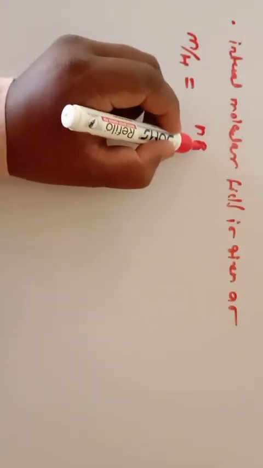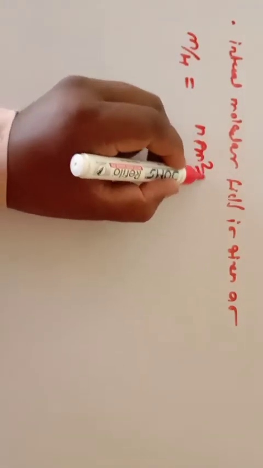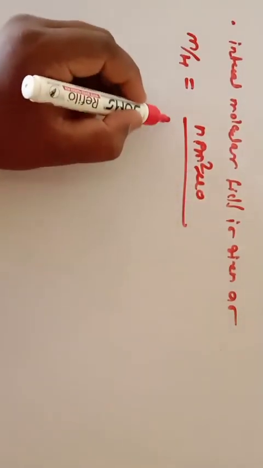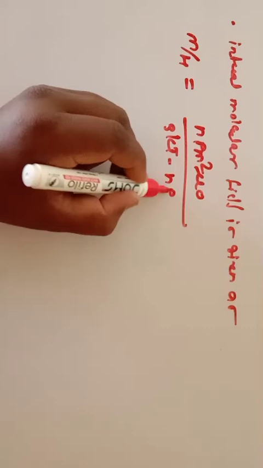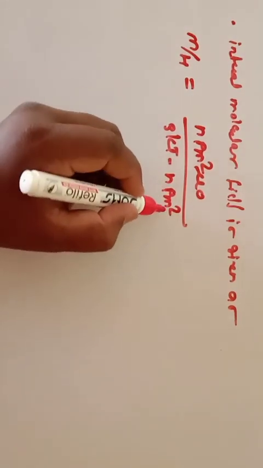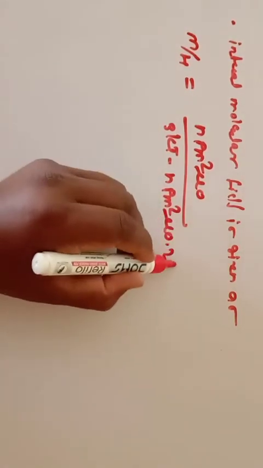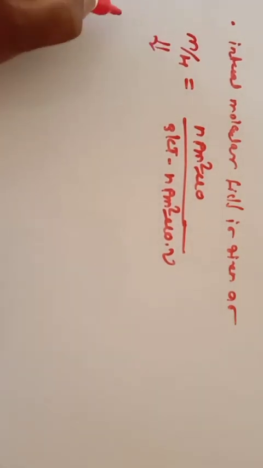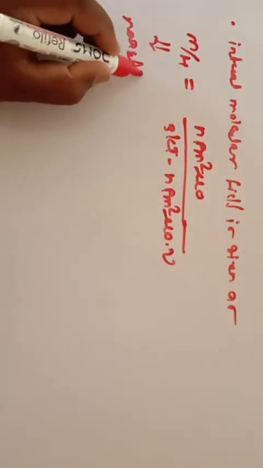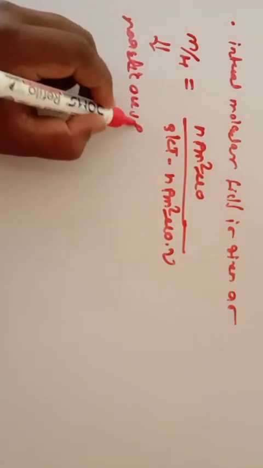So what you get here is N Pm square mu 0 upon 3kT minus N Pm square mu 0 into gamma. So we get this equation, and M by H is nothing but your magnetic susceptibility.